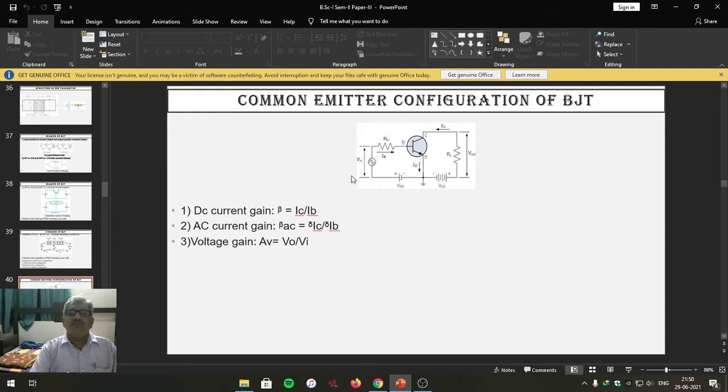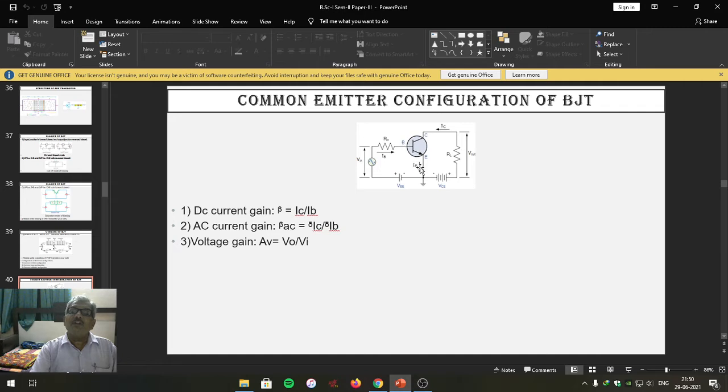This is the circuit diagram that represents the use of BJT in common emitter configuration. Friends, this is the BJT. The symbol of BJT we already studied. This is the symbol of NPN transistor, and we are well aware that the arrow is present on the emitter terminal.